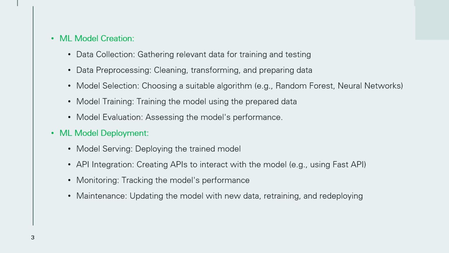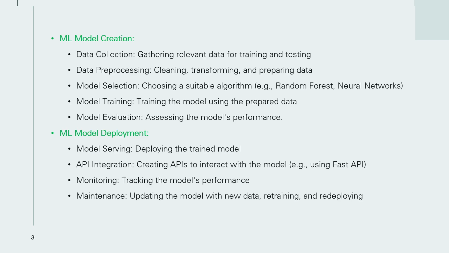And then for the model deployment, we would use deployment of the trained model, and for doing this we have to do some API integration, and then we would check some monitoring, and then if model performance is not good, then we can tune the model again, and then we can redeploy the model. So this is how we would do here, right?